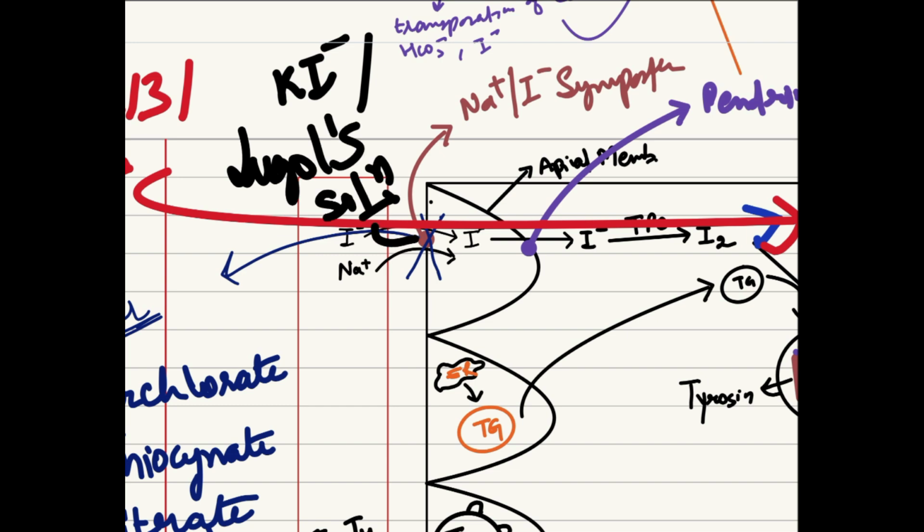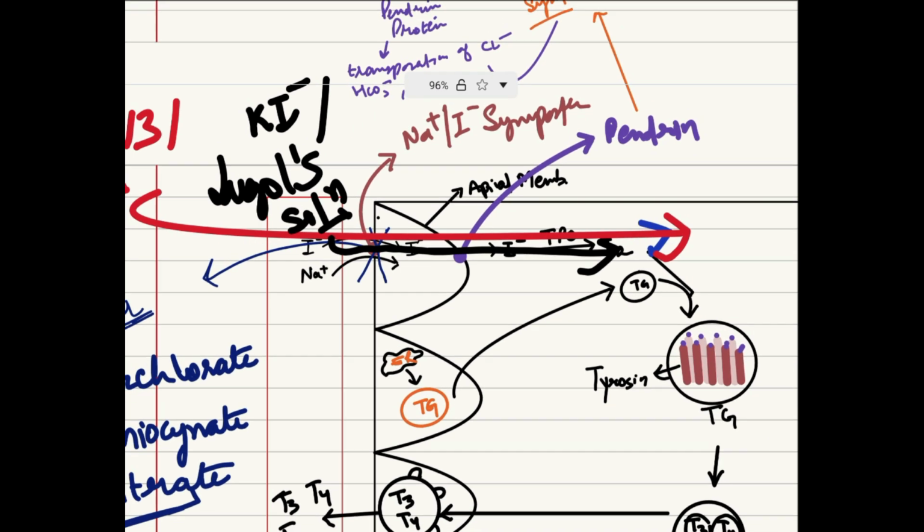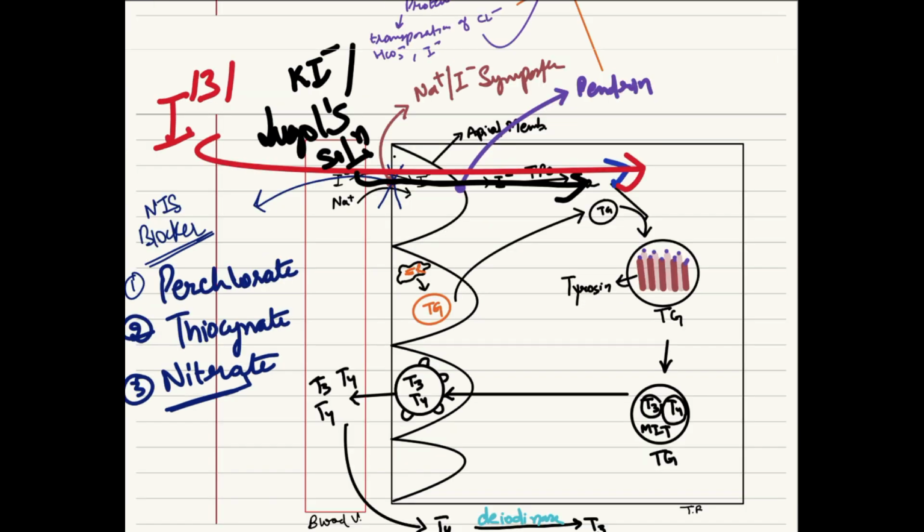It uses the same sodium iodide symporter and floods the thyroid gland with stable iodine, blocking the uptake of radioactive iodine and temporarily inhibiting the release of thyroid hormone from the thyroid gland. Lugol solution was used as a primary treatment for hyperthyroidism, but is not used nowadays as a primary treatment because it only temporarily blocks the release of thyroid hormone.